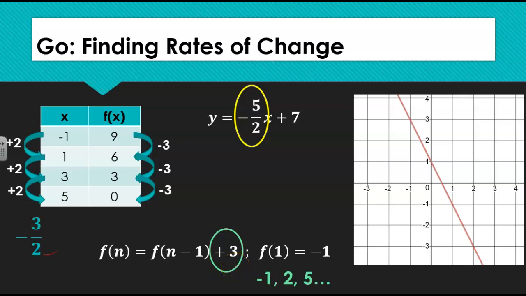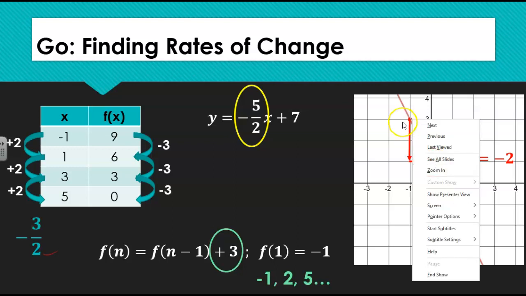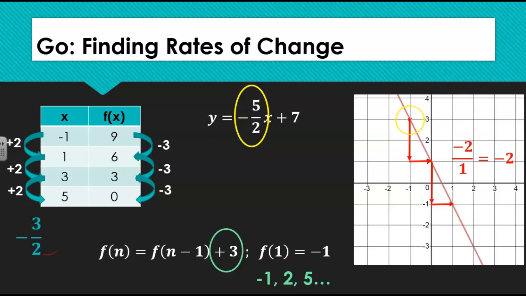And when we look at the graph, again, as in all of these, we are looking at the change in the y values divided by the change in the x values. So if I'm looking at any 2 points on this line, if I start with this point right here and I look at this point right here, I know that the y value for this point is 3.